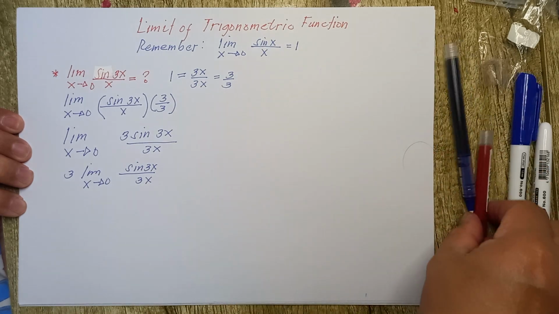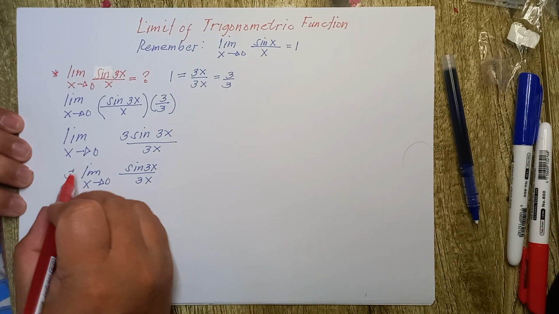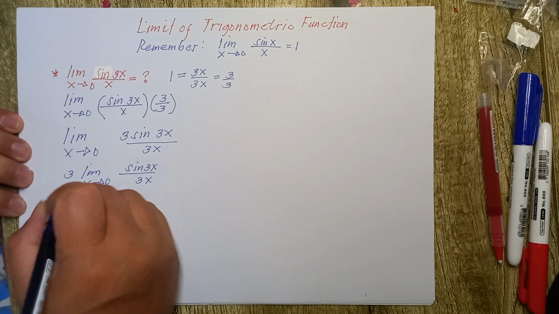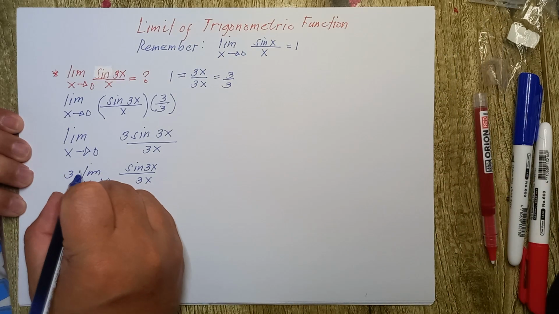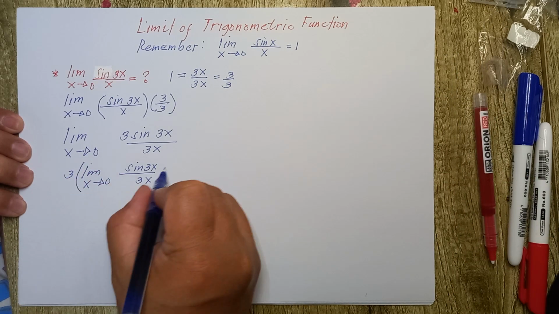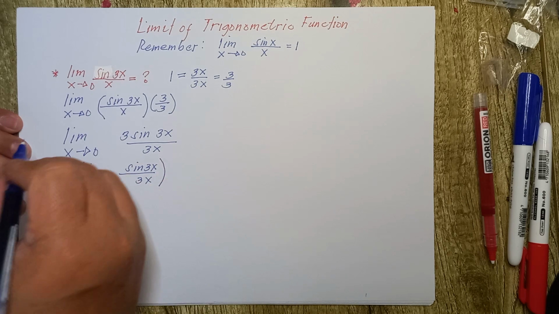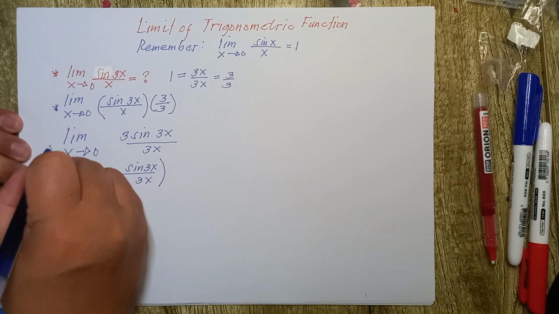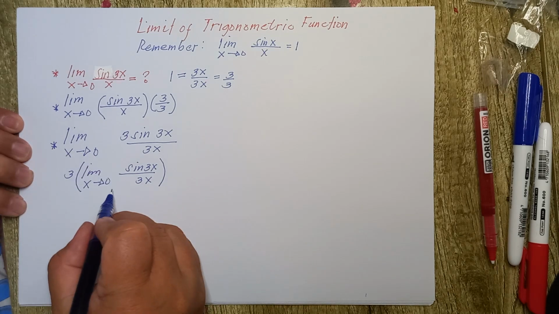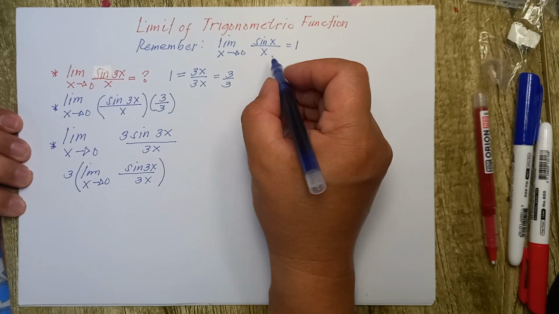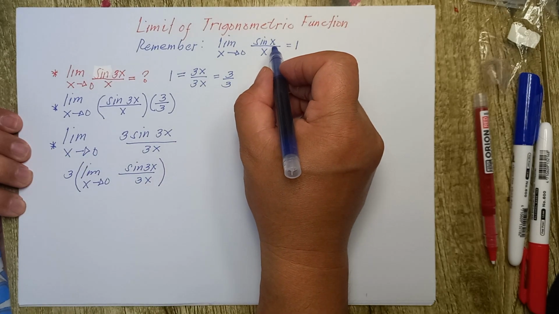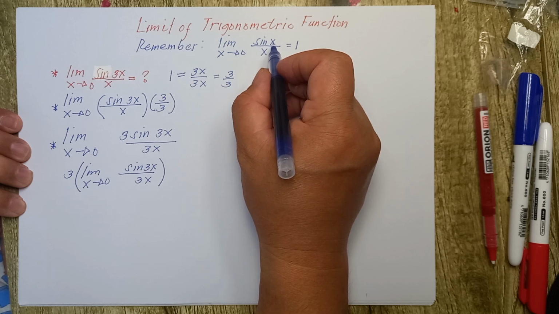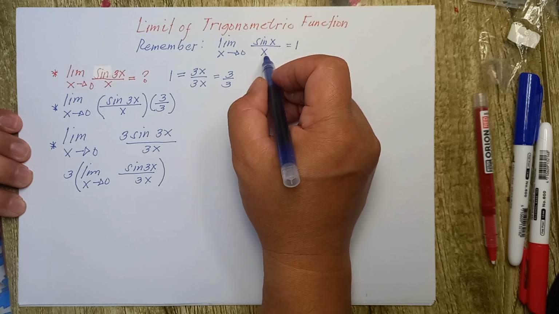Notice that when you look into this term, it is the same as our theorem, wherein the coefficient of sine x is the same as the x in the denominator.